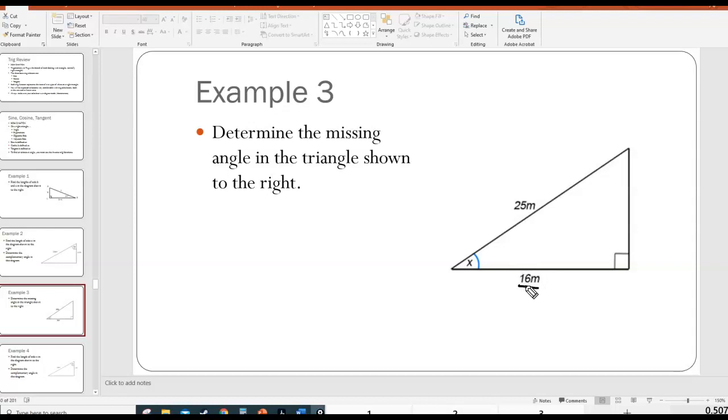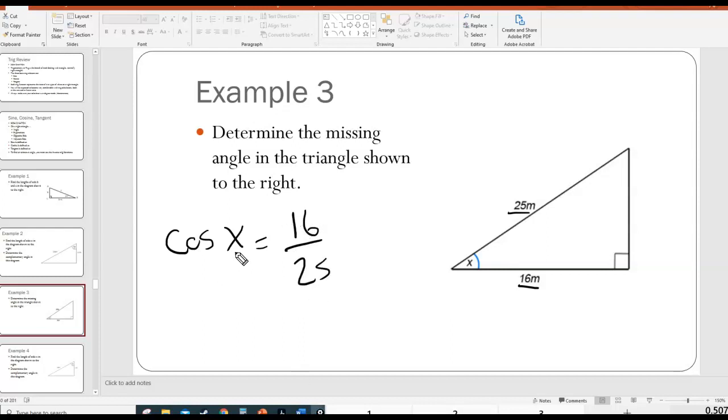Here we have the adjacent side to x, and of course we have the hypotenuse. So we need to use a trig function that has adjacent and hypotenuse in it, and that would be cosine. Cosine of x, I don't know what x is, but cosine of x is equal to 16, that's the adjacent side, divided by 25.